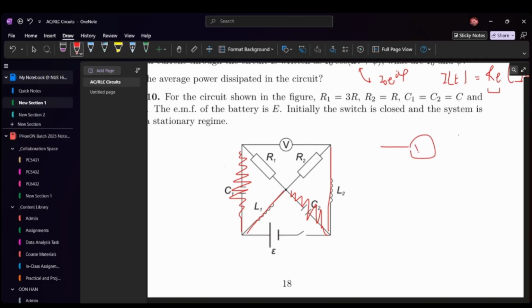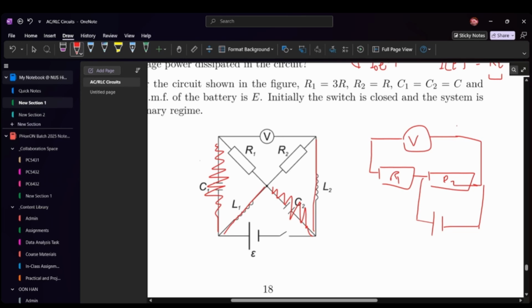Let me draw it. This is a V. This is a R1. This is a R2. This is connected here. This is connected like this. Yeah. So it's connected like this lah, basically. And I think it should be quite clear that it is V, I'm pretty sure.